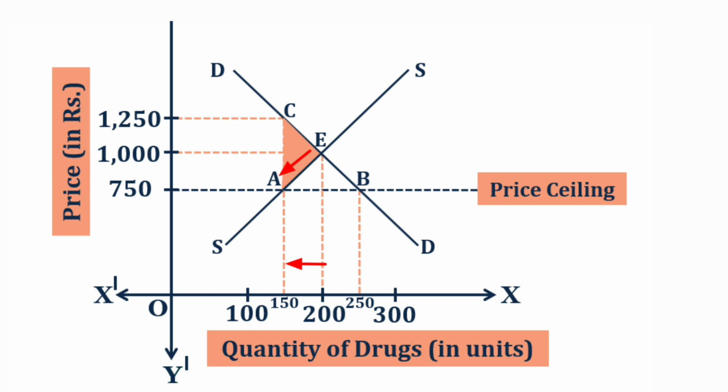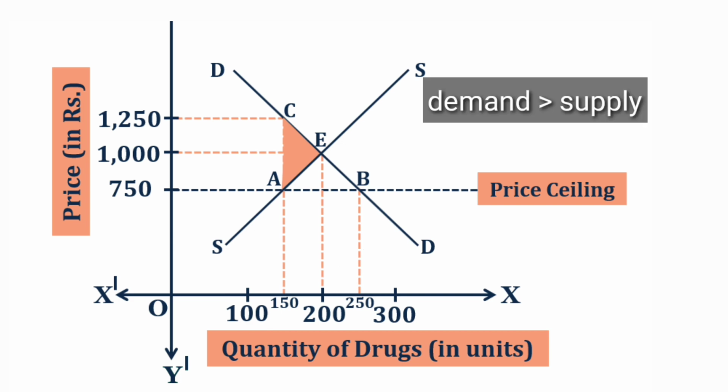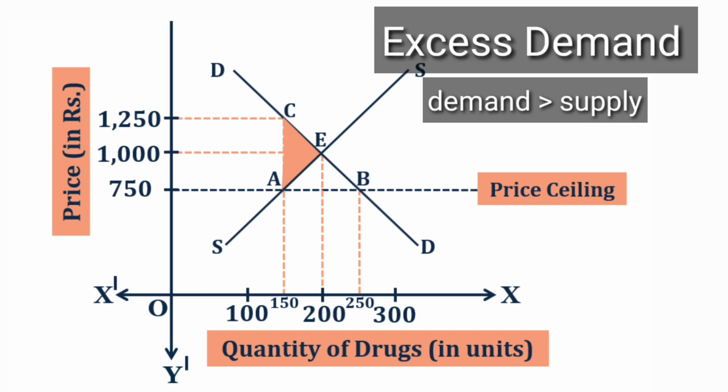And if you can see our demand, it has increased from 200 to 250. Okay, now what is the situation? Here the situation is that demand is greater than the supply, or I can say it is a situation of excess demand, right? Here this gap is representing what? The excess demand in the market.